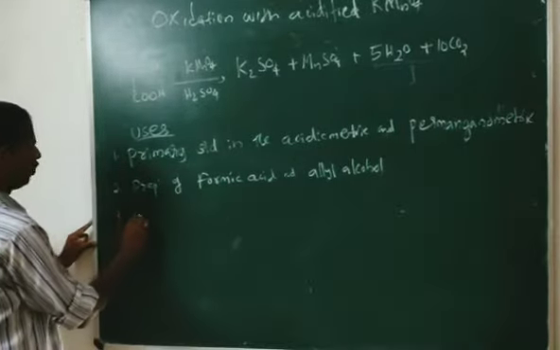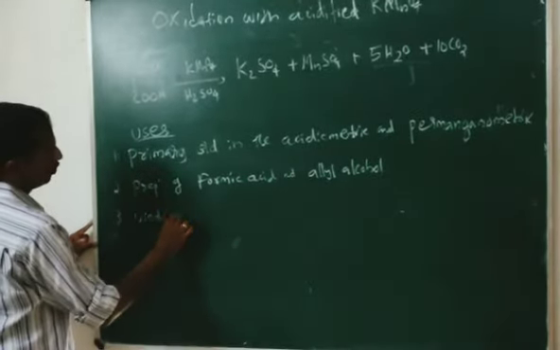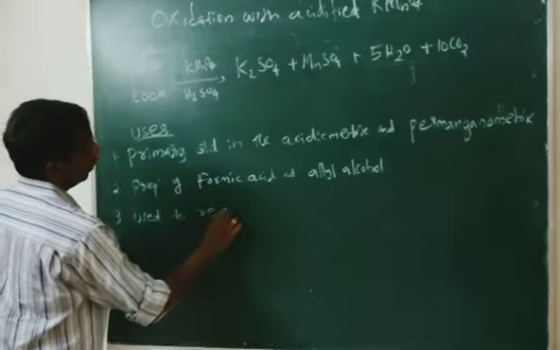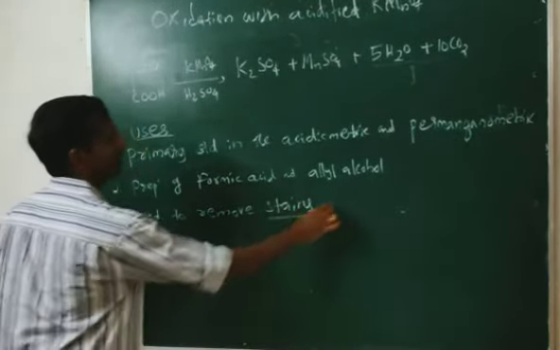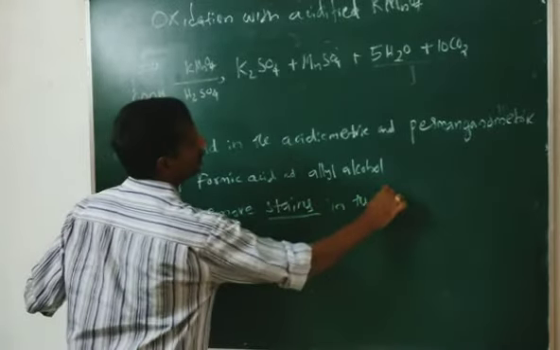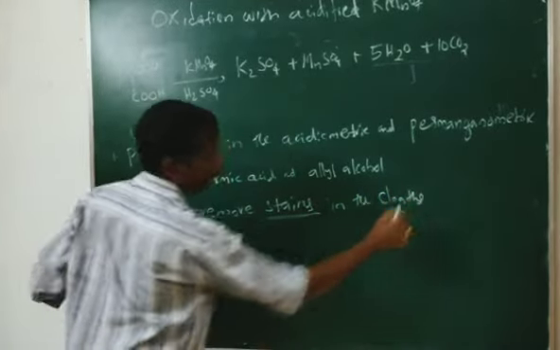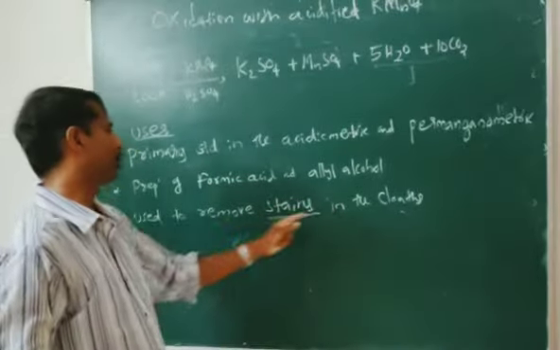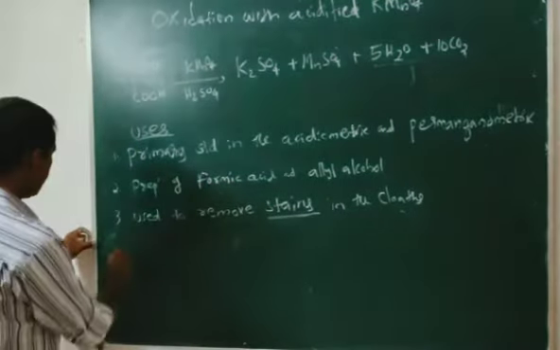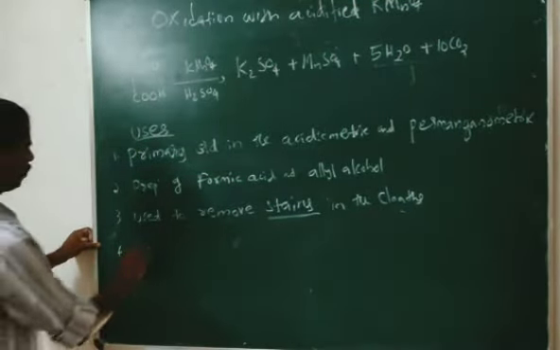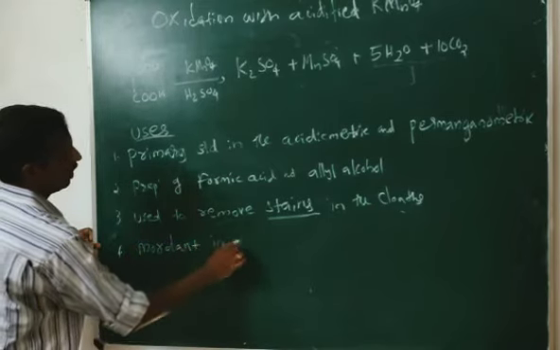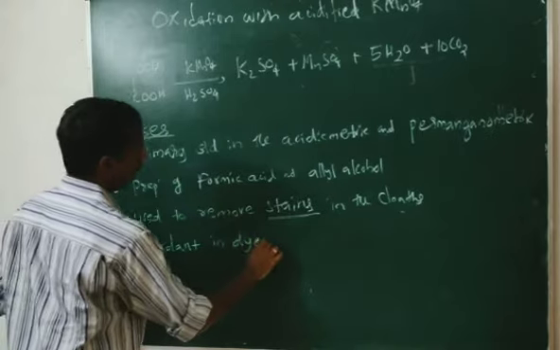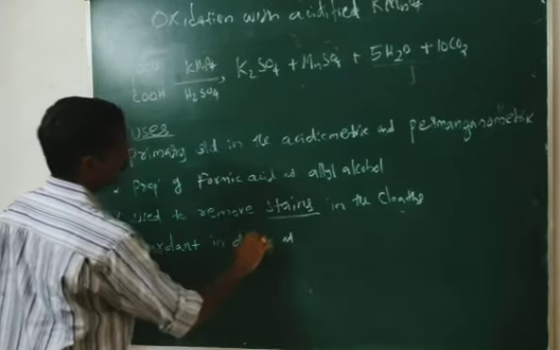Third one, used to remove stains in the clothes. Any stain in the clothes, it is used to remove. And fourth one, it is used as a mordant in dyeing and printing.